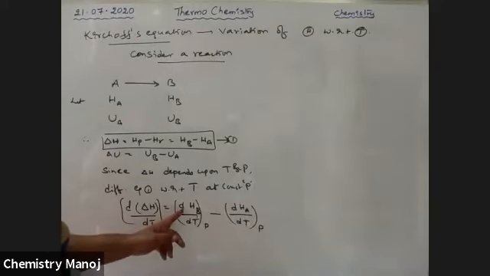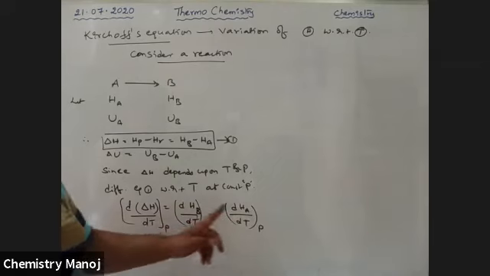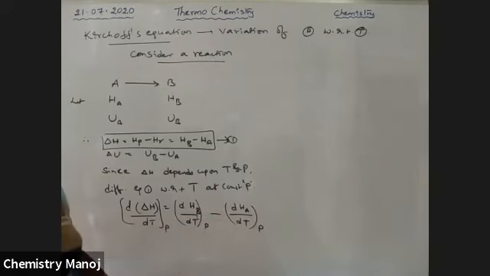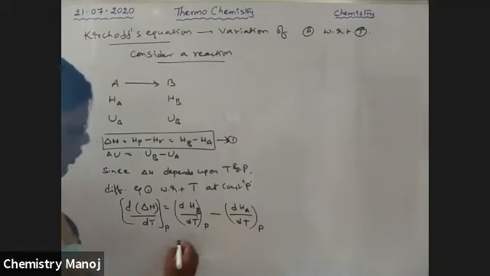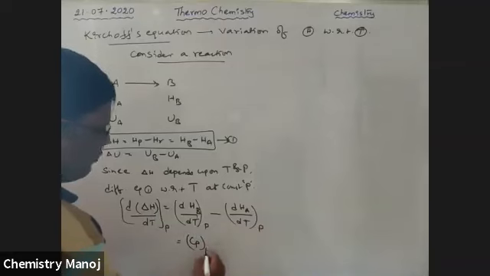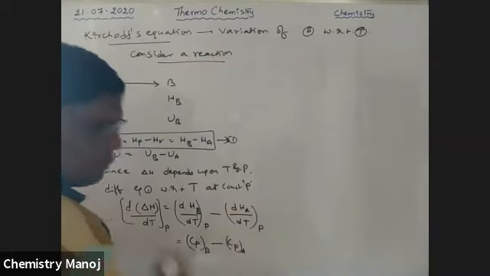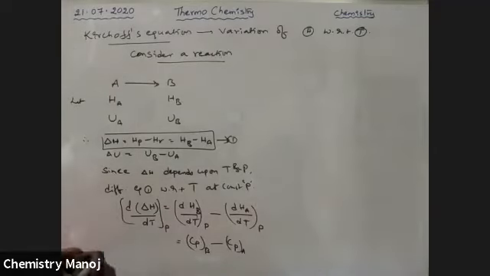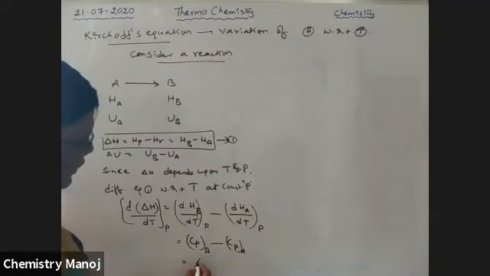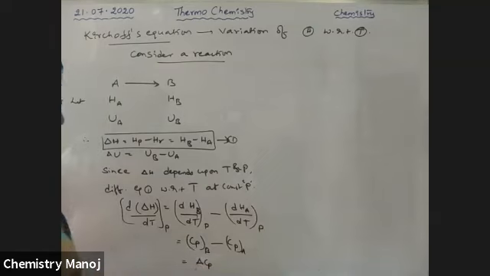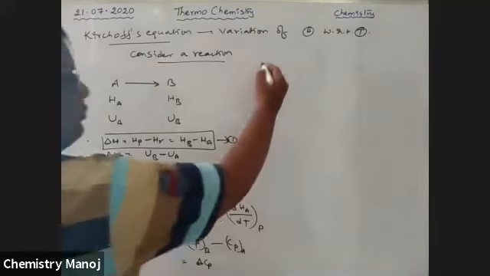So dH by dT is nothing but the heat capacity of the system at constant pressure. Therefore, it is equal to Cp of B minus Cp of A, which we take as delta Cp.